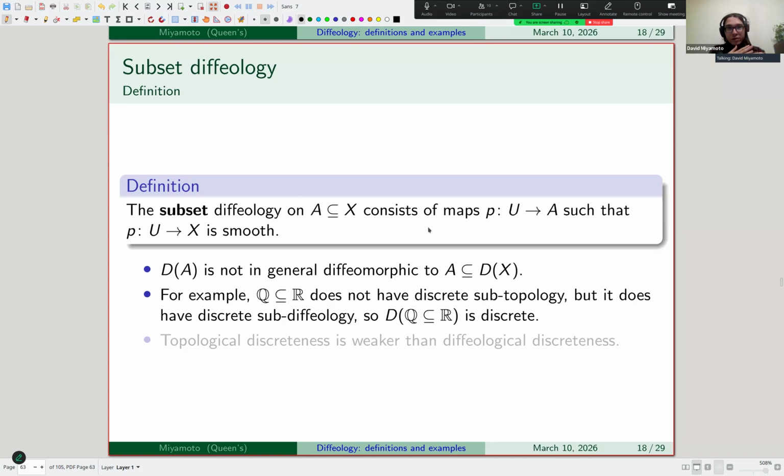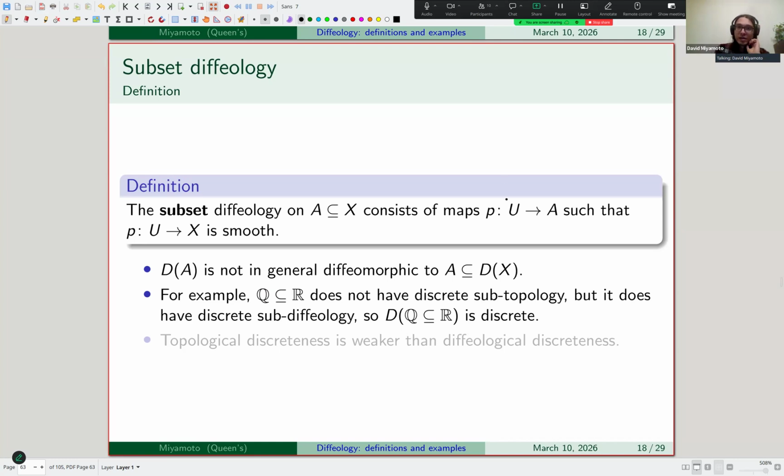Q is a good example. Q sitting inside R does not have the discrete subtopology. Rational intervals are open. Singletons are not open in this subtopology. On the other hand, the subdiffeology is discrete.